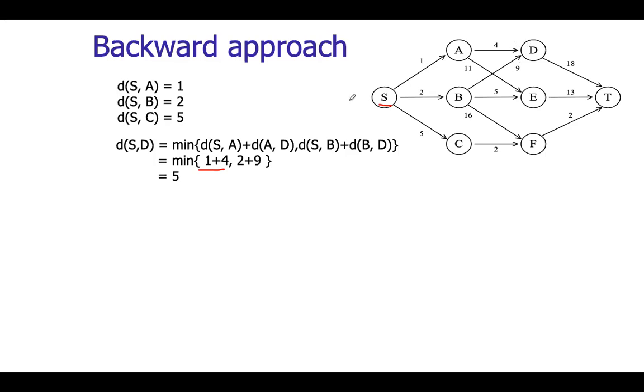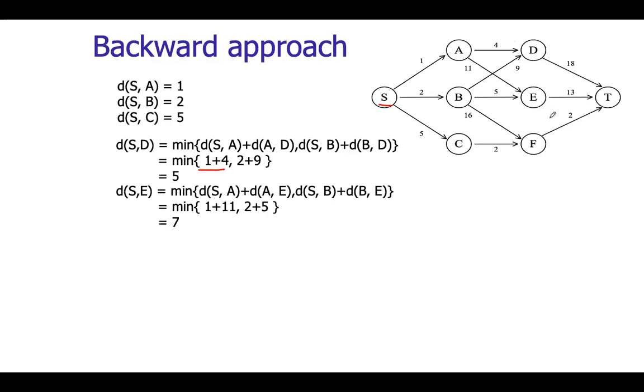Next, I will find the minimum distance to reach E. First we find the minimum distance from S to these nodes, then to the next ones. To reach E, you can go from S, A, E or S, B, E. From C we cannot go to E. Only two paths are there.